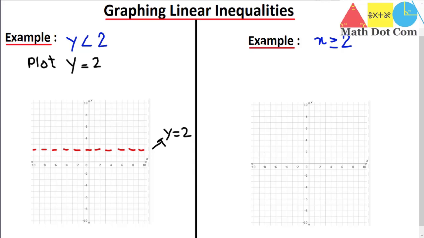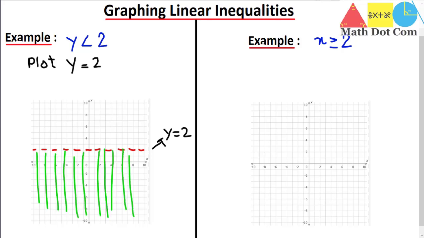So if I shade that area, it will be like this. This area will be the solution set of the given inequality. So I can say that it will represent y less than 2. All the values that lie below this dotted red line will be the graphical solution of the given inequality y less than 2.